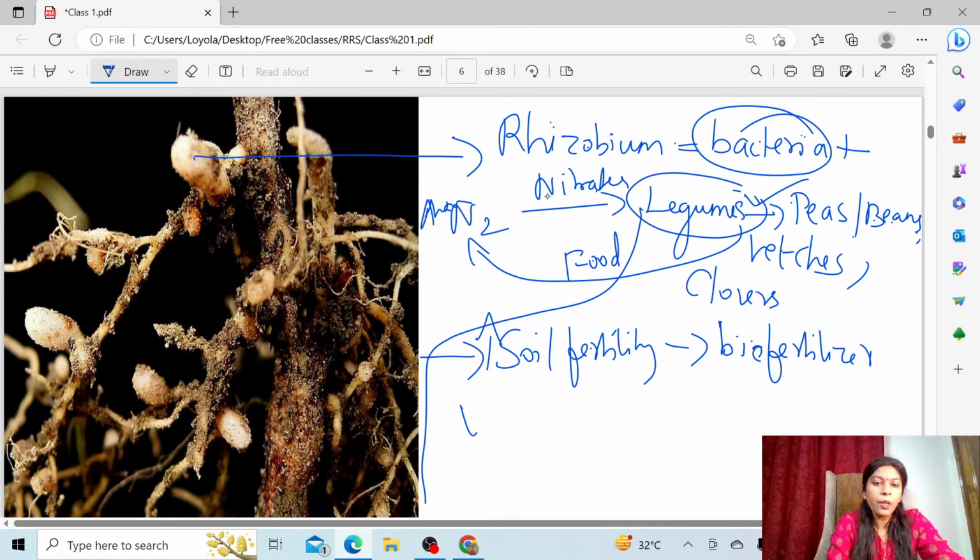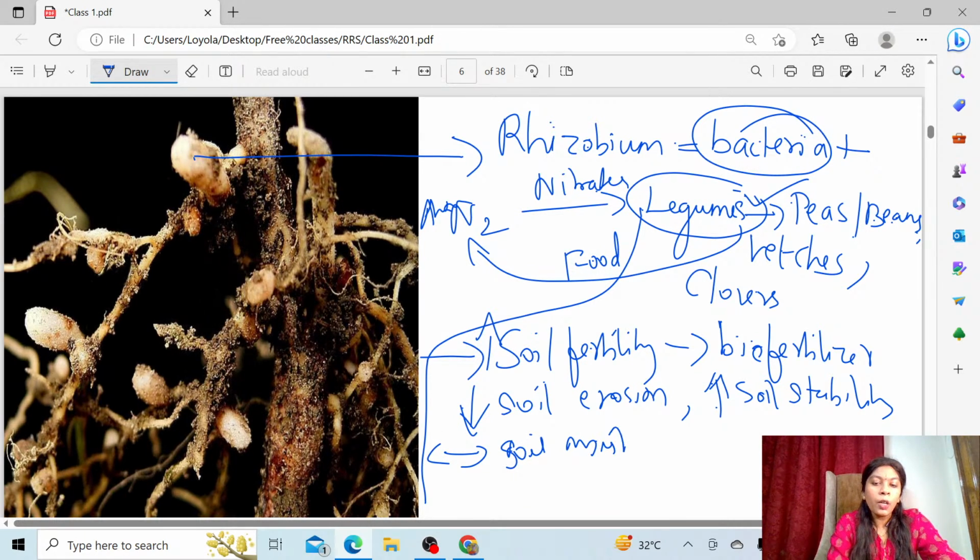It reduces soil erosion, it increases soil stability, and it also helps to retain soil moisture. Not only this, it also acts as food for humans and fodder for animals. So we have a lot of benefits based on legumes.